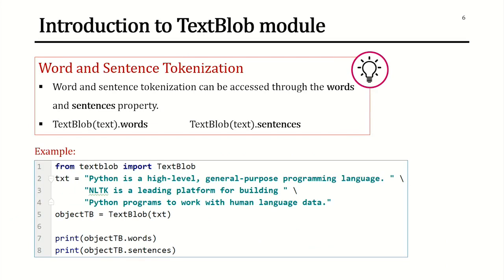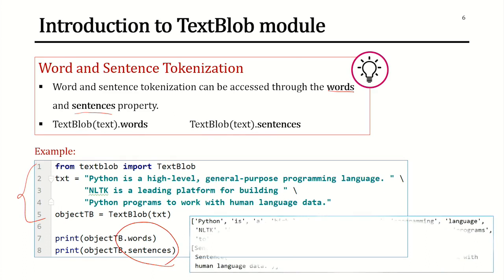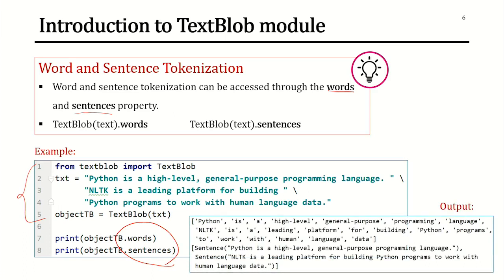And when we want to perform tokenization, either word or sentence tokenization, we can use the properties words and sentences here. To do this, we do the same: we need to create a TextBlob object. And next we can access these properties to get the word and sentence tokenizations. As the result from this program, we obtain the list of words from the sentence as well as the list of sentences from the input text.